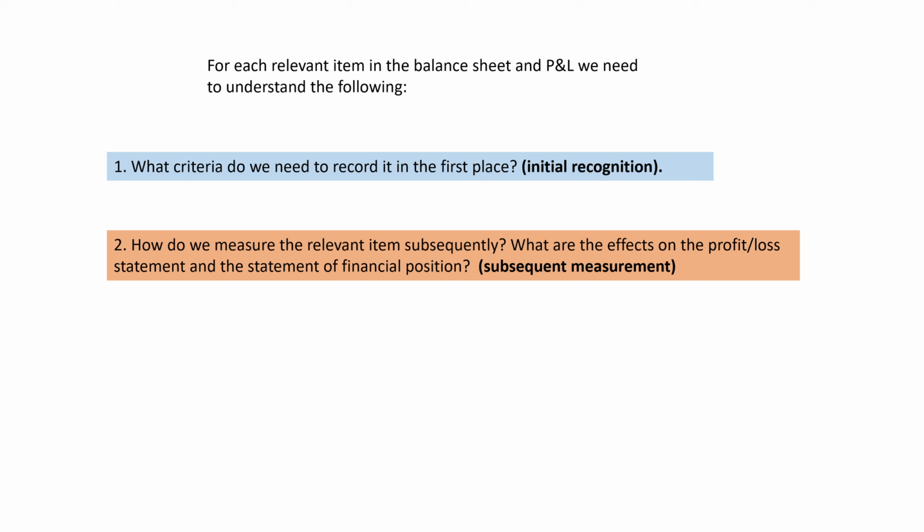Can we still keep using the same method, or do we have to use a different method? For example, for intangible assets, you record them initially at the cost that you acquired them for, but then you can measure them at fair value if there's an active market, right? So we have to consider what the subsequent measurement for that relevant item is, and where it impacts the statement of profit and loss, and where it impacts the statement of financial position.